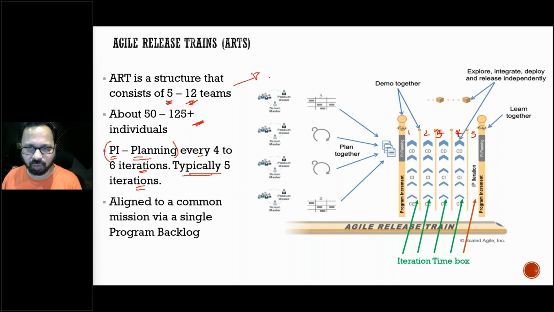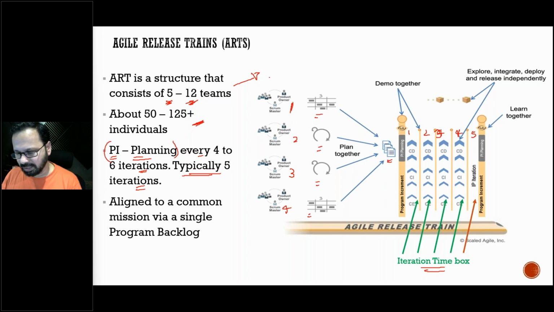So what they need to deliver, and iterations are nothing but the time box in which our scrum teams are operating. In this particular picture you can see there is a scrum team number 1, 2, 3, 4, and the multiple scrum teams are coming together to plan the PI. Okay, and a couple of scrum teams are using Kanban, a couple of scrum teams are using the Scrum framework, a couple of scrum teams are using again a Kanban framework.